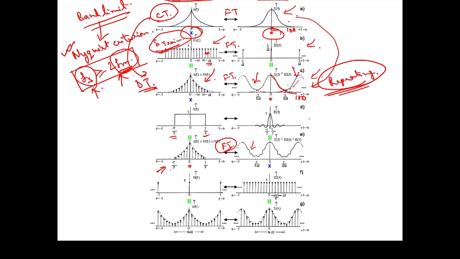Okay. Now, once we have time limited, we can go for the sampling in the frequency domain. Once we have sampled in the frequency domain, see, the time signal is repeating itself. Okay. So band limiting and time limiting are of utmost importance when we discuss the discrete Fourier transform.